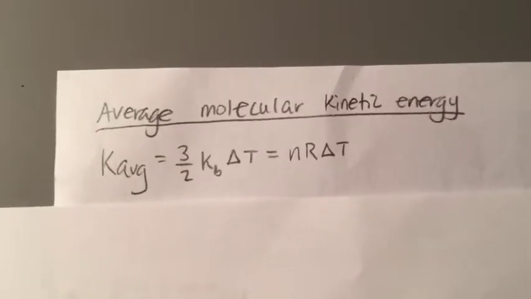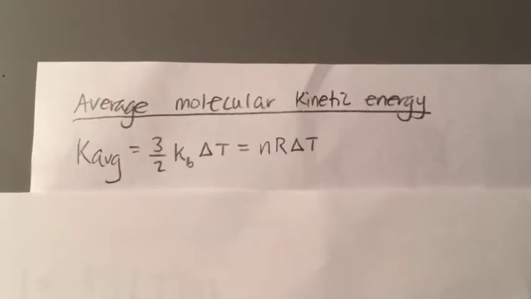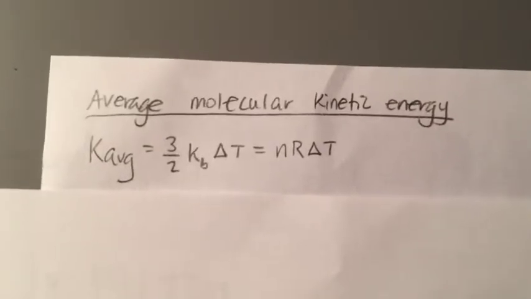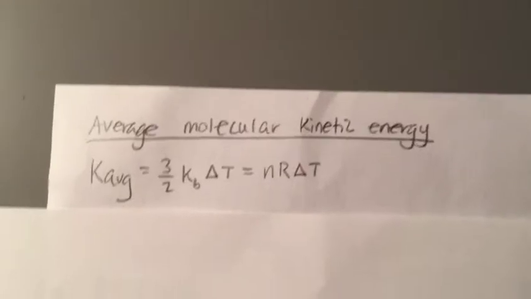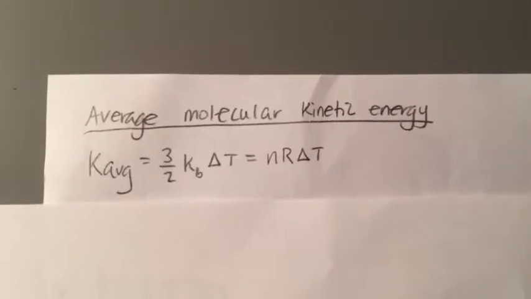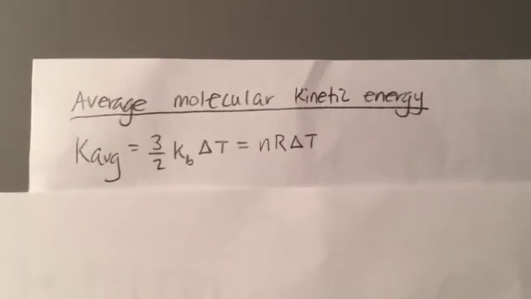That is 1.38 times 10 to the negative 23rd joules over K. So n equals the number of moles, R equals 0.0821 liters times ATM over K times moles.